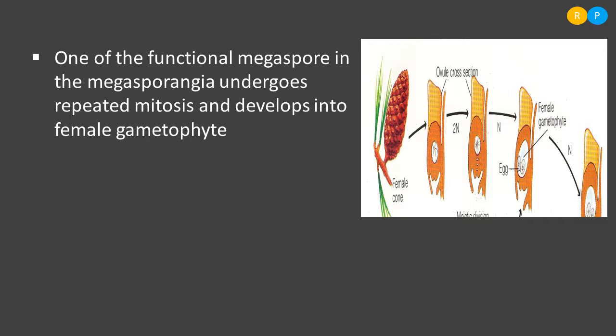That means it started increasing in its size, and that functional megaspore in the megasporangia is going to form a female gametophyte. Clear? So the female gametophyte is formed by one of the functional megaspores in the ovule.